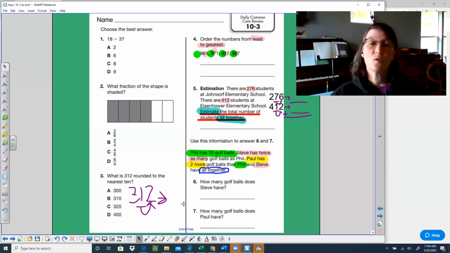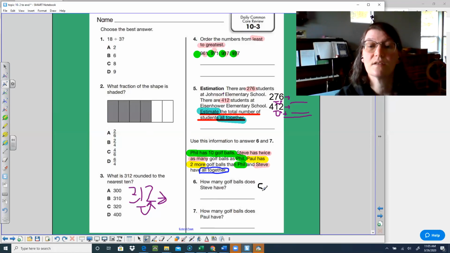So our first question is, how many golf balls does Steve have? We need to look at our pink information. It says Steve has twice as many golf balls as Phil. And remember, I had made Phil green. Okay, so how many golf balls does Steve have?